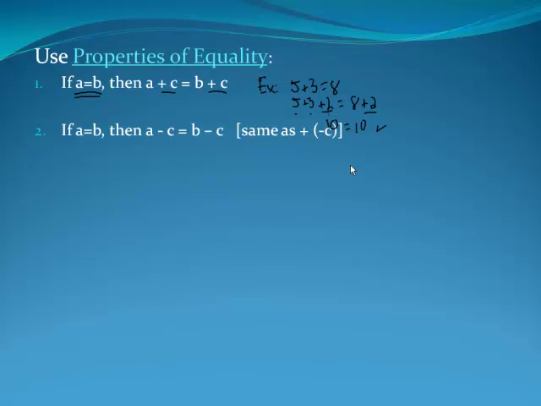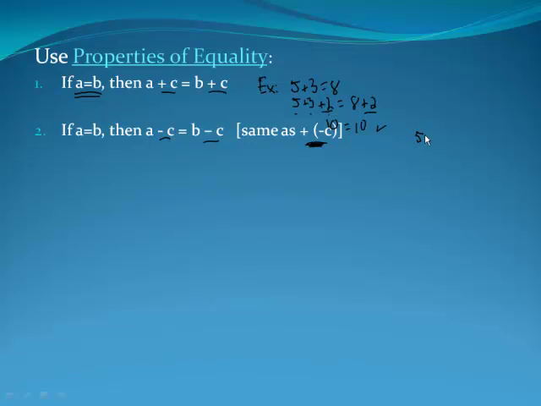Property number 2 is very similar, except now, instead of adding, we're going to be subtracting something from both sides. So again, if A is equal to B, then A minus C is also equal to B minus C. And remember from pre-algebra, subtracting from a term is the same as adding the negative.